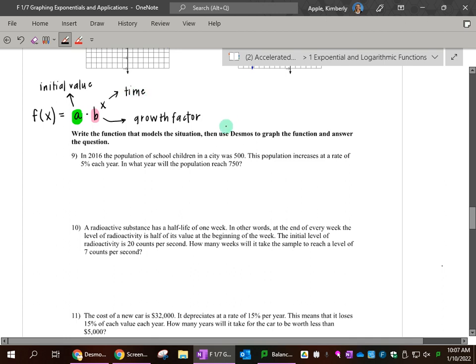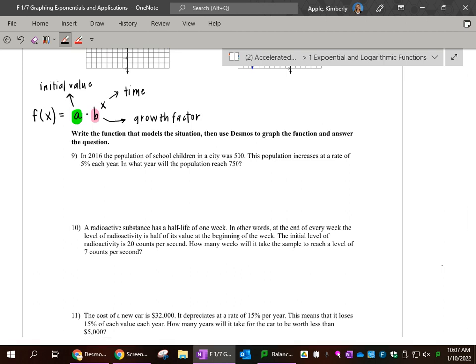Not always, but most of the time. For our purposes, that's what we're going to be dealing with. The only things you need to pull out of that word problem are a and b, because I give you the situation and the instructions ask you to write the function that models that situation. So that's what we're going to deal with first.